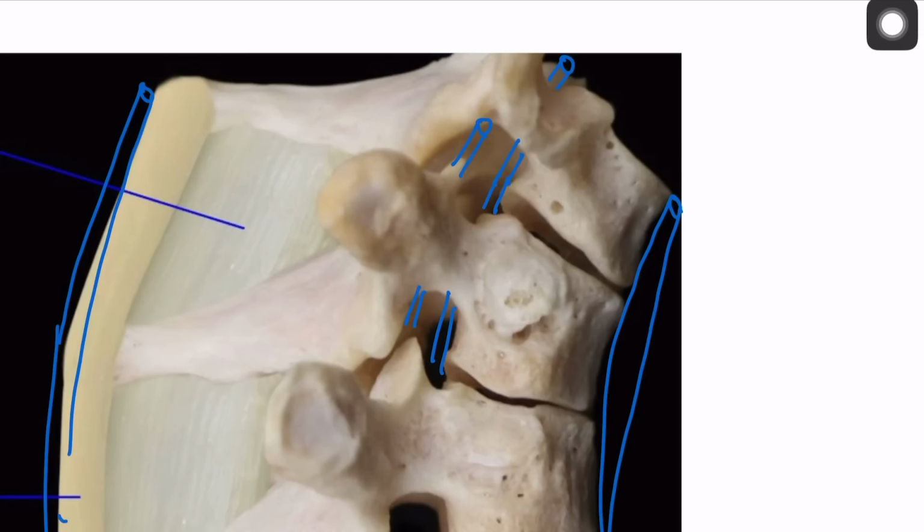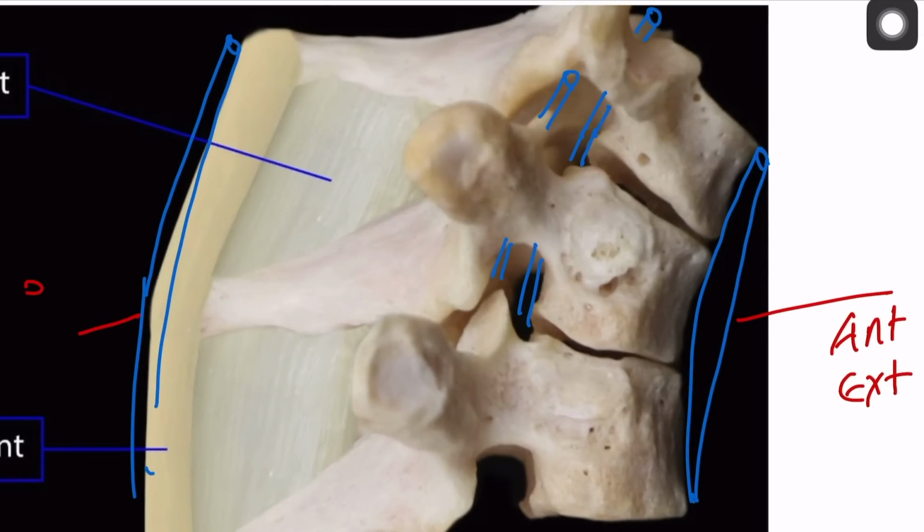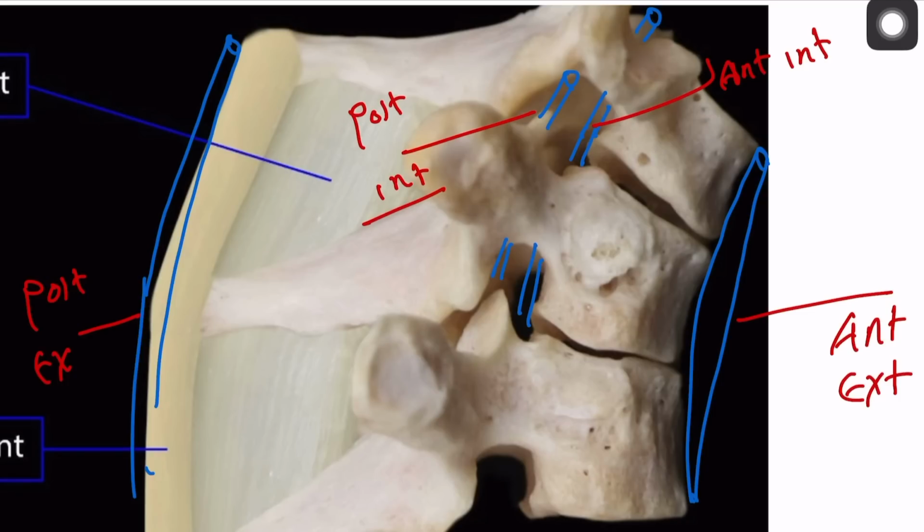So how can you name them? This one is external and anterior, so anterior external. This one is external and posterior, so posterior external. And you have anterior internal, and then posterior internal. So let's talk about where they are. Anterior external is usually in front of the vertebral body.